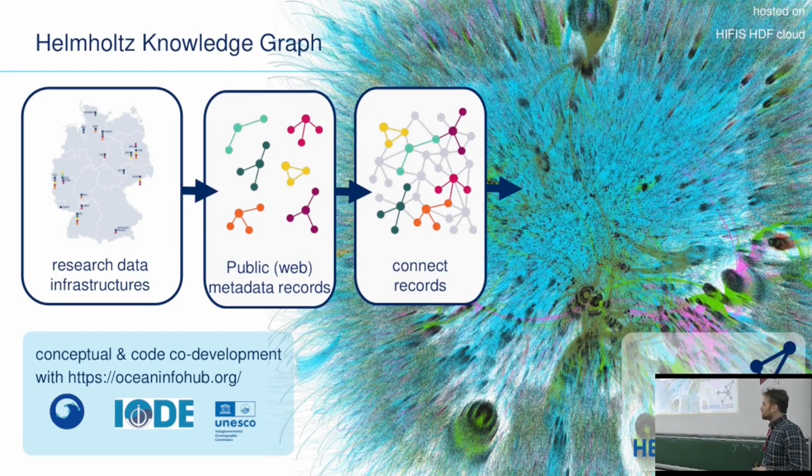How we are going to do this, I've already mentioned. We are basically harvesting the metadata that's exposed in a standardized way by these infrastructures, and we combine these records into a graph. There are also other initiatives out there in certain communities, for example the ocean communities, who follow similar approaches, and one can learn from them, and we try to be interoperable also with other graphs.